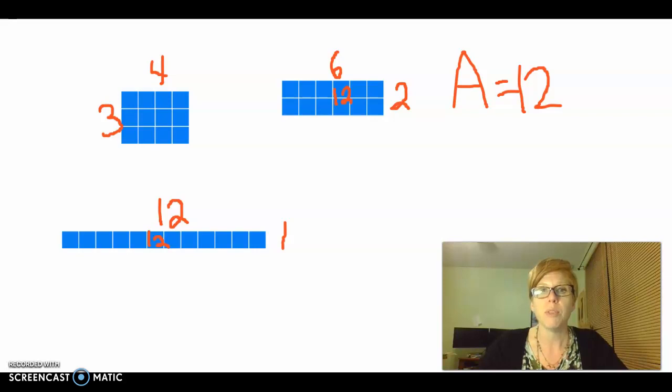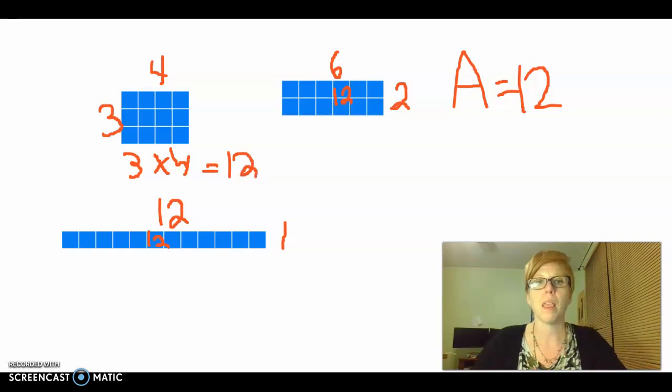Right here, 3 times 4, that is 3 rows and 4 columns. This is an array, a 3 by 4 array. We have seen this so many times in multiplication. 3 times 4 equals 12.